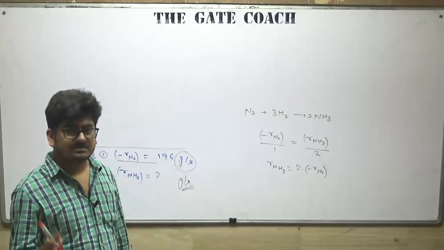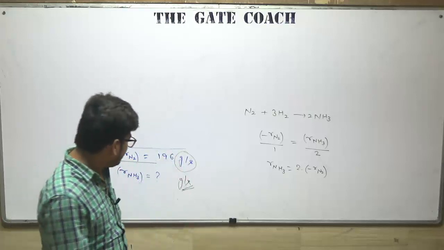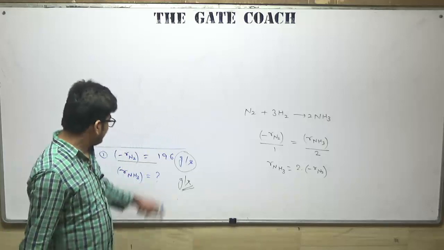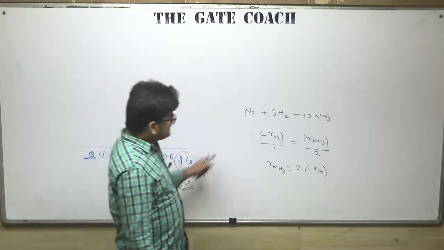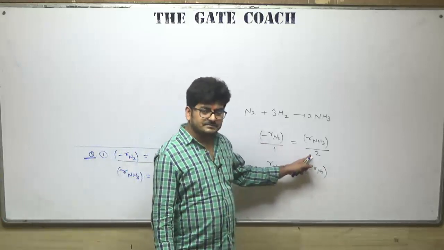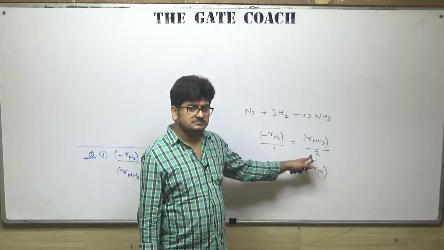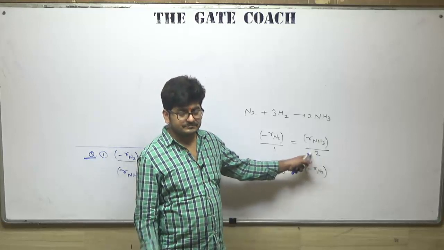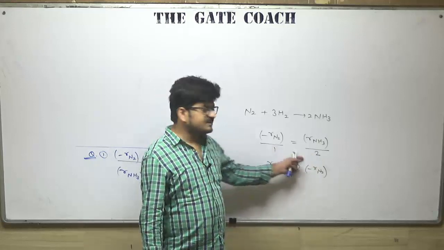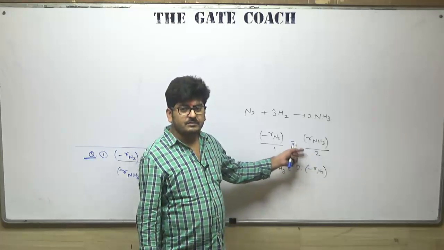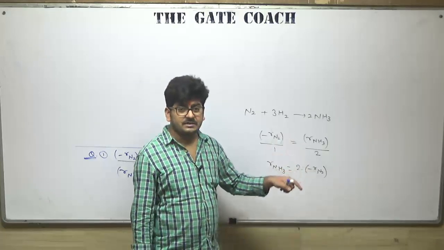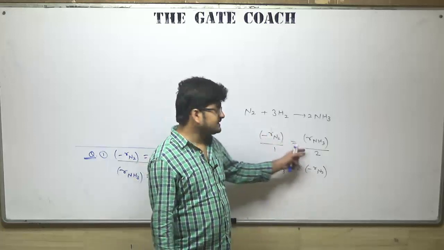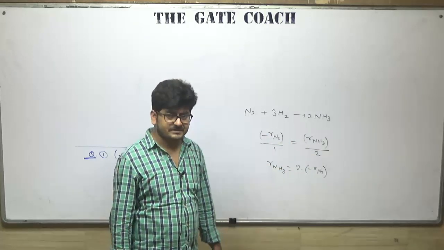But this rate is given in gram per second, and these relative rates are valid in molar units. We proved these relative rates in molar units, so this relation is valid only and only when the rates are represented in molar units.